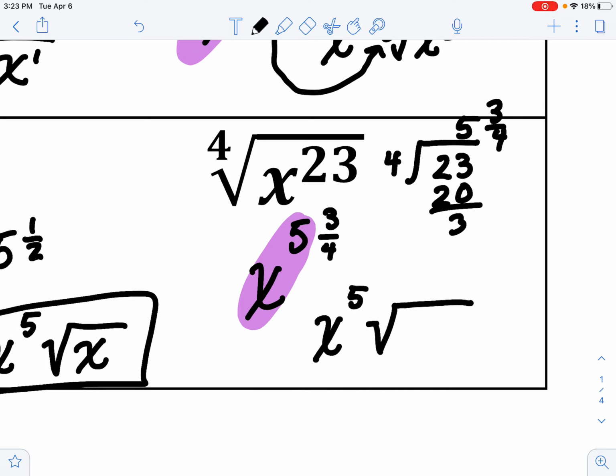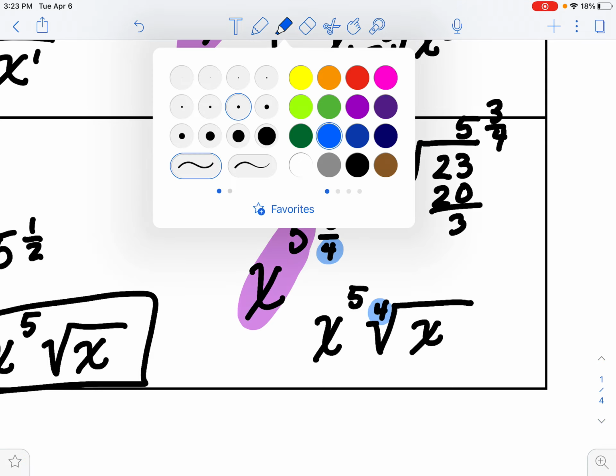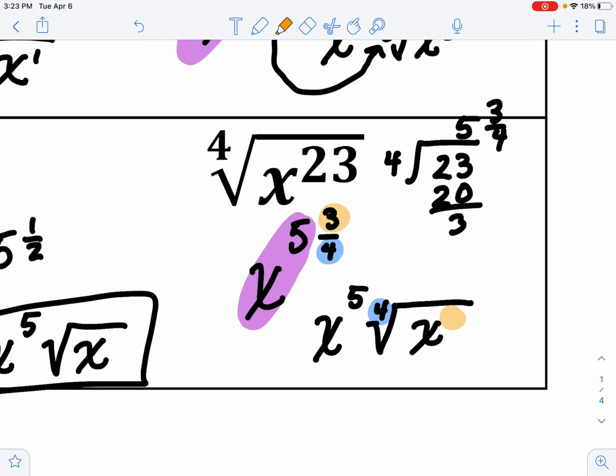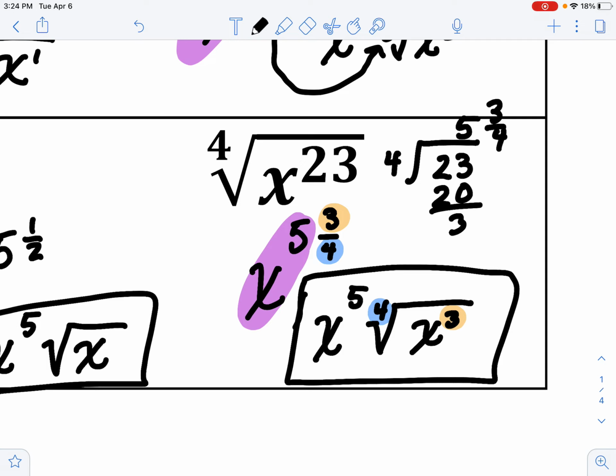And then your radical, here's your index, and then here's your power of x. Okay, so x to the 5th, 4th root of x third would be the simplified version of the 4th root of x to the 23rd power.